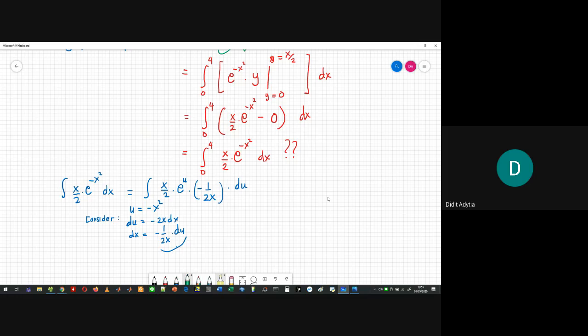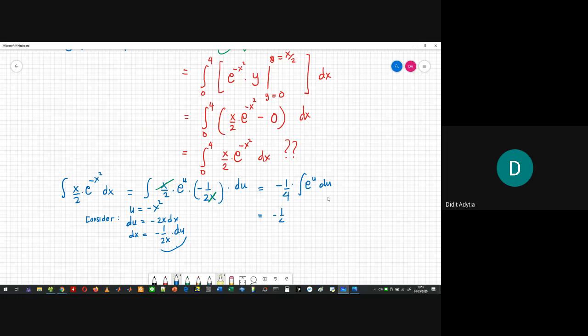Now I cancel something, yes, the x. Then I have constants: this is 2 times 2, so this is minus 1/4 times the integral of e to the power of u du.